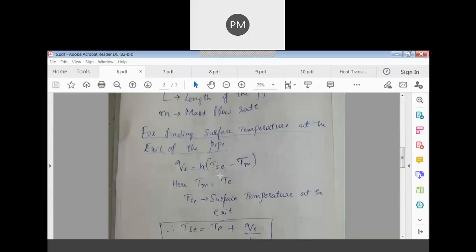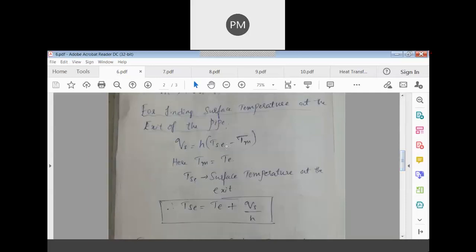And Tm will become Te, I told you. You can simplify for Tse. So if you replace Tm with Te, Tse is nothing but q_s by h, and Te you take to the left hand side, it will become Te plus q_s by h. Just simplify this equation, you are going to get this.